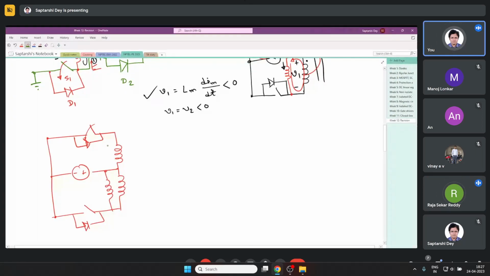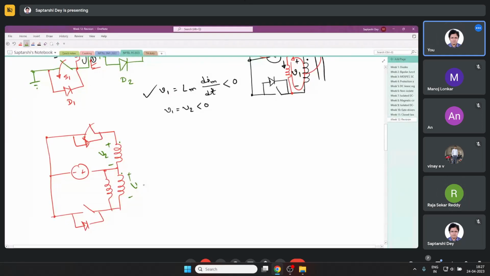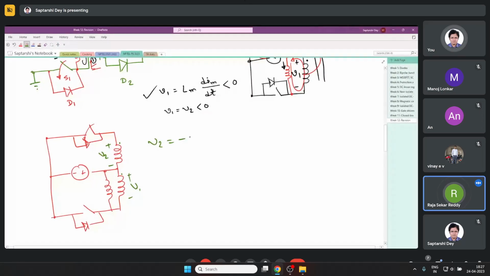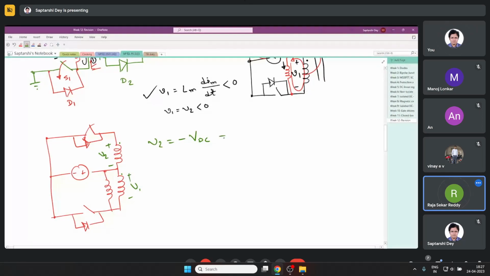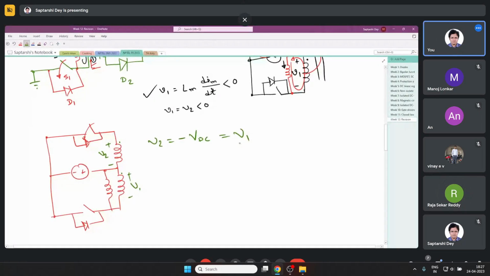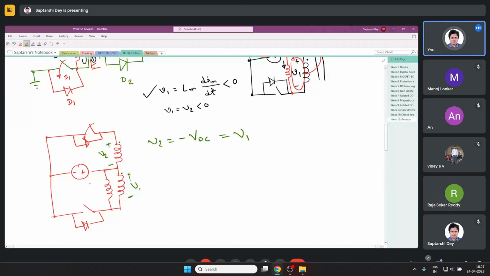If S2 is closed, then I wrote the voltages V1 and V2 in this fashion, that I will not change. Then V2 is minus VDC. So if V1 is negative, that means this voltage is also negative.